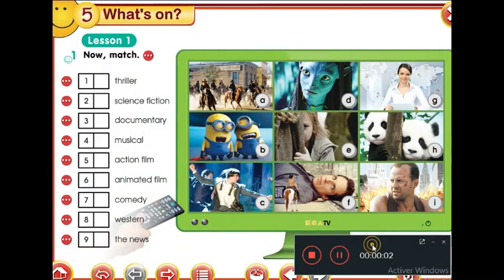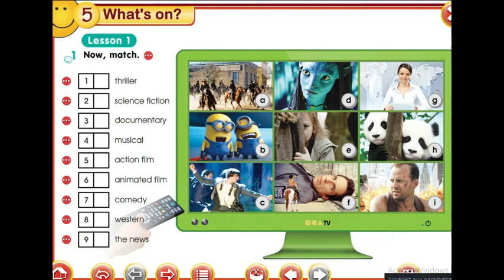And now let's go to exercise number 1. It says listen, point and repeat, and then match. So what we have to do is match between number 1 to number 10 and the pictures from A to I. Number 1, thriller.